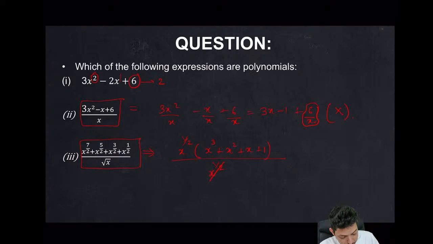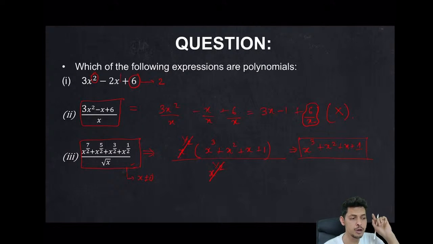Now x to the power 1 by 2 can be cancelled. Here we must mention a condition that x is not 0, so that this expression is defined. If x is non-zero, then x to the power 1 by 2 and x to the power 1 by 2 can be cancelled to give us x cube plus x square plus x plus 1, and this does look recognizable. This is a polynomial, yes.